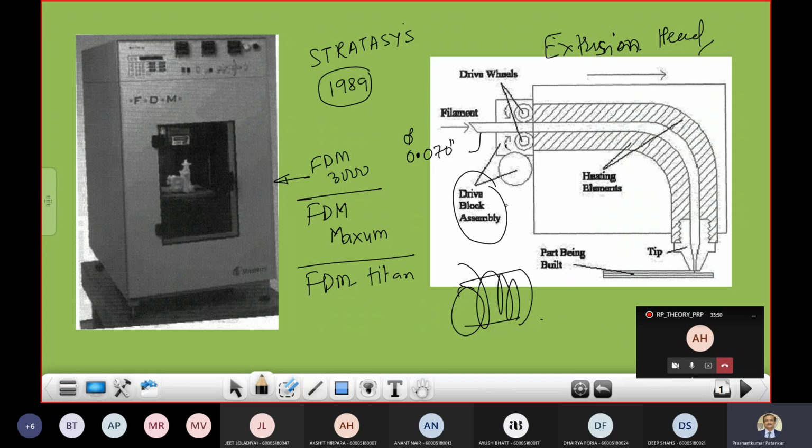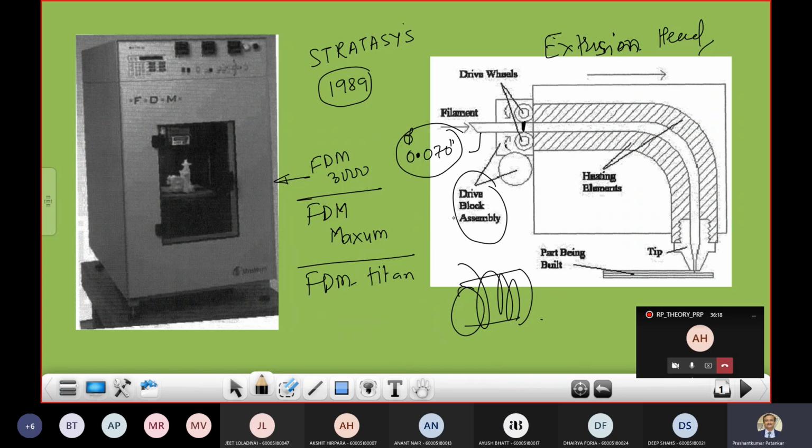These wheels have a plastic or rubber type of tread, and they are spaced. Since the diameter of the filament is 0.07 inches, the gap between these two wheels has to be the same, somewhere around 0.07 inches.